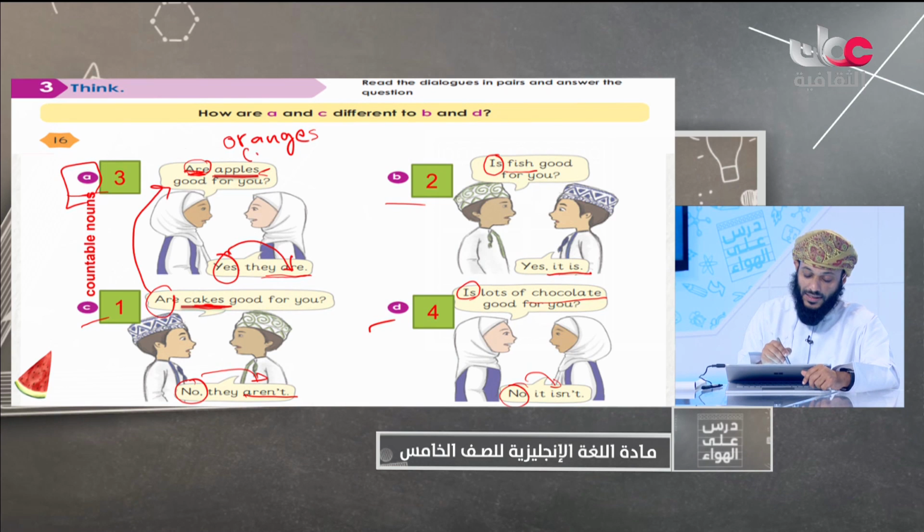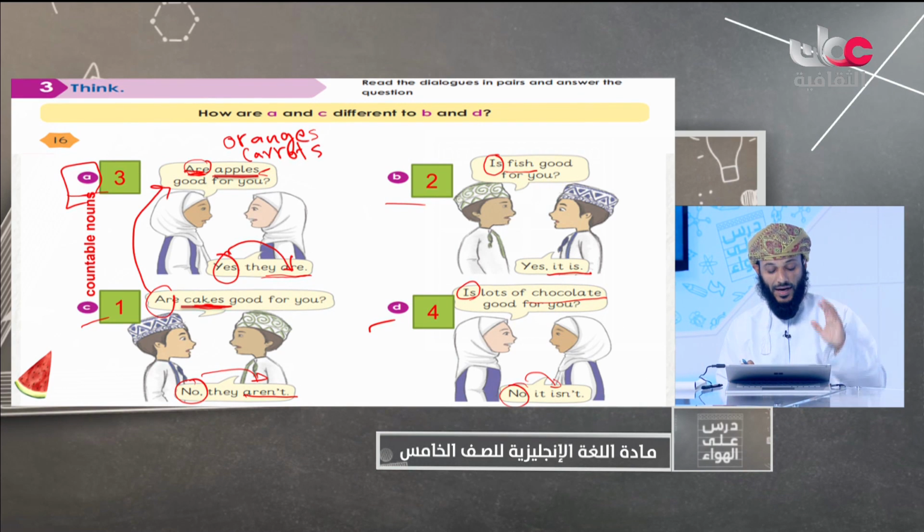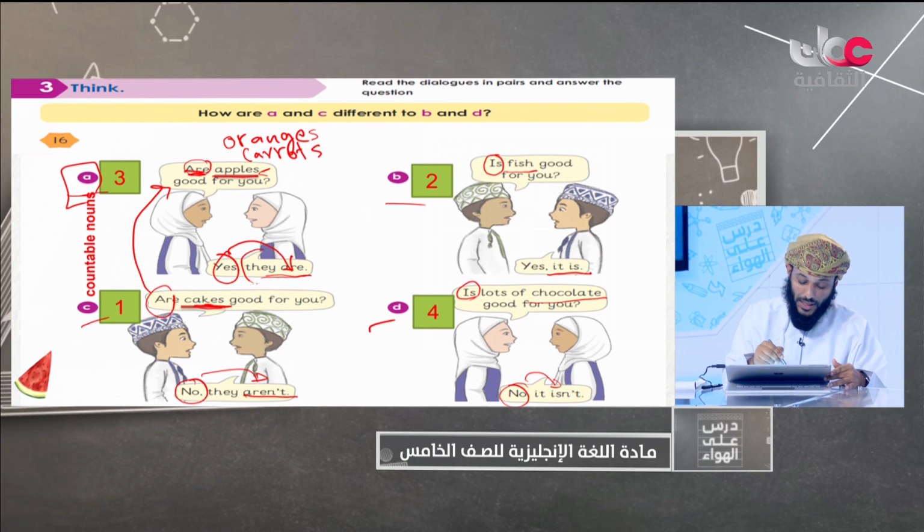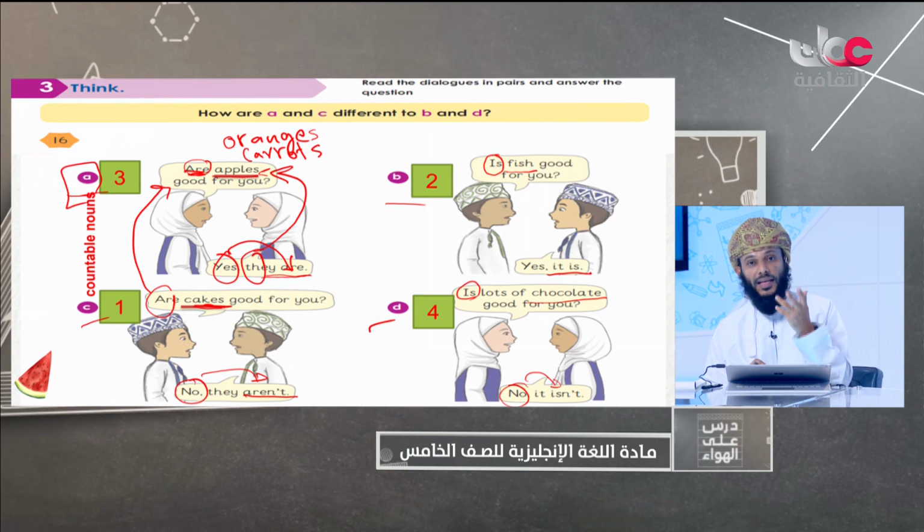Are carrots good for you? Now, if the answer is yes, we have to say yes, they are, because the pronoun they goes back to the countable noun, like apples here.